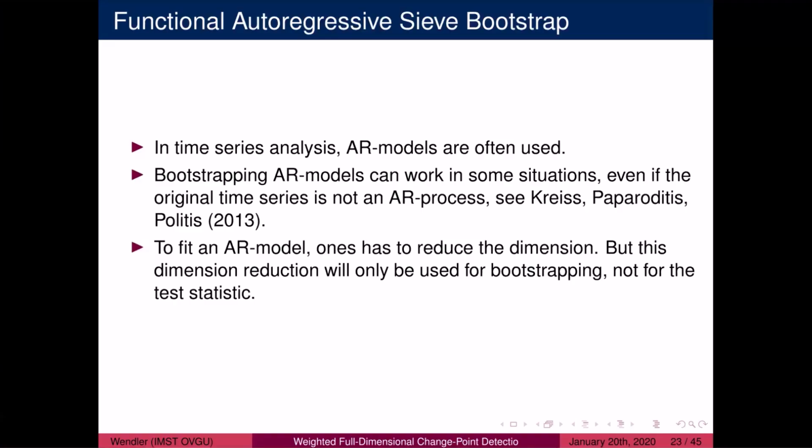And you can do this also for functional data. But then you have to estimate autocovariance operators, and that's hard. So you use dimension reduction, again not to calculate the test statistic, but to be able to fit this autoregressive model. When you fit this on a finite dimensional space, your residuals of this model will be infinite dimensional, because you approximate something infinite dimensional by something finite dimensional.